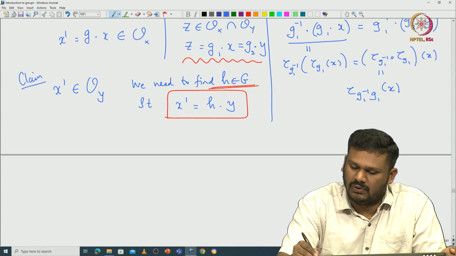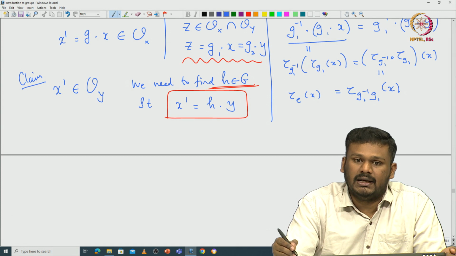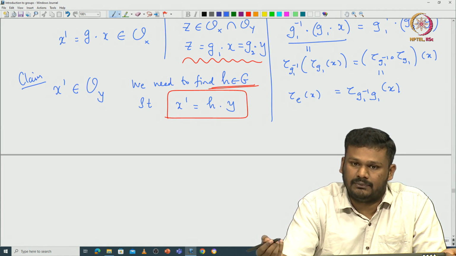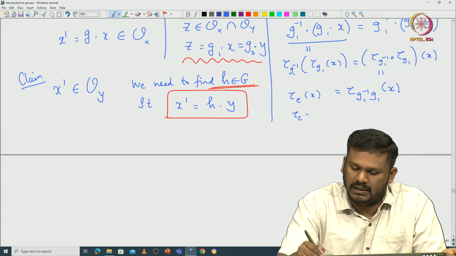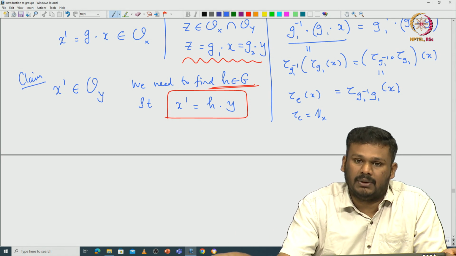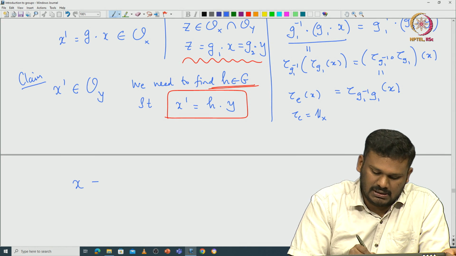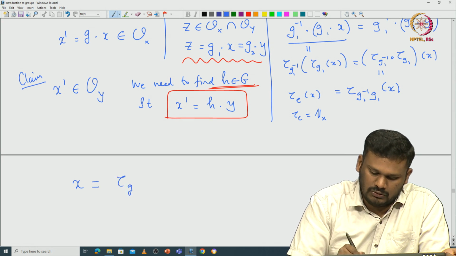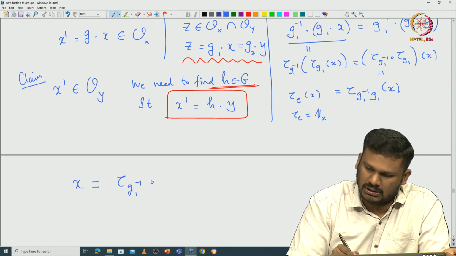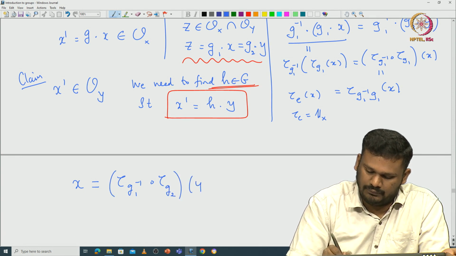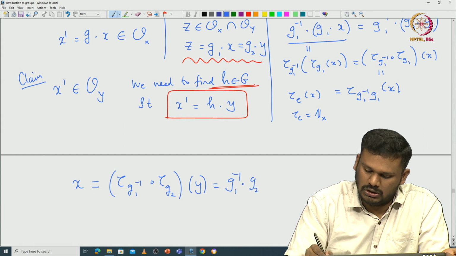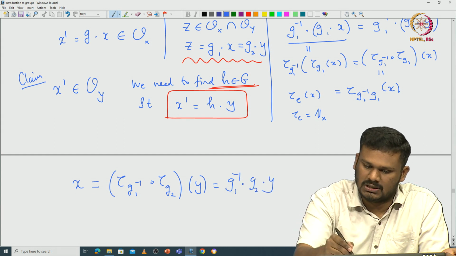This is exactly tau identity of x, and tau identity is just the identity on capital X. So that proves that x is exactly equal to tau g1 inverse composed with tau g2 of y. That means x equals g1 inverse dot g2 dot y.